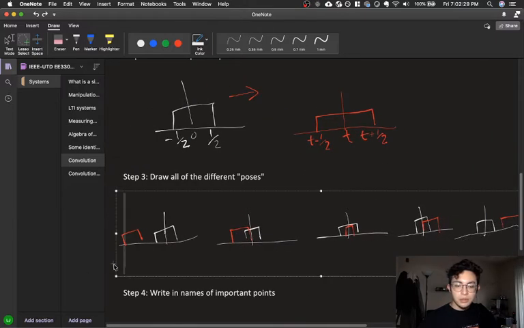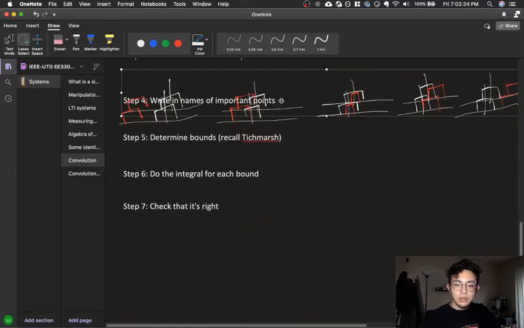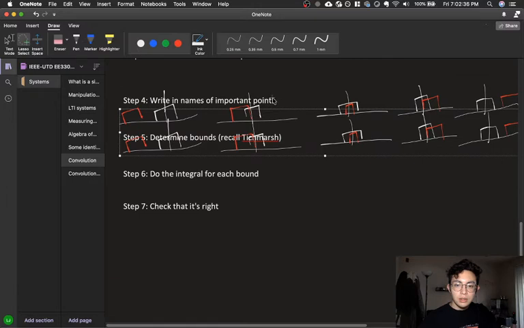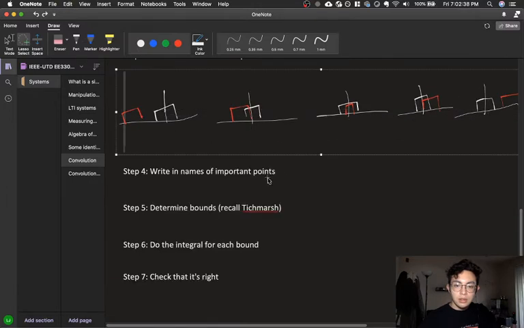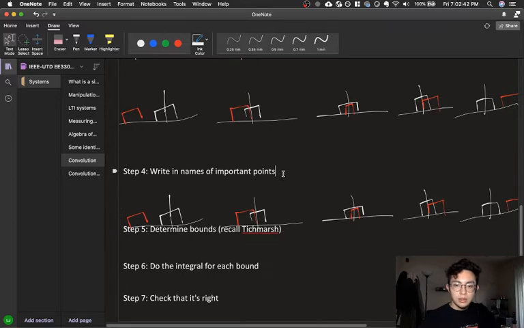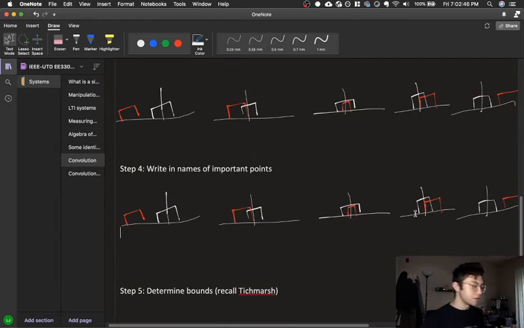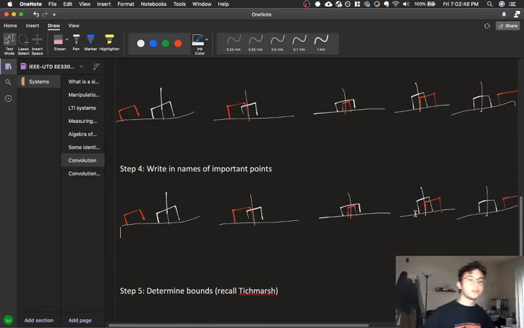So we got poses, copy, paste. And we're going to write in the names of all of these. So this is where the renaming part comes in. I'm going to try zooming in a little.